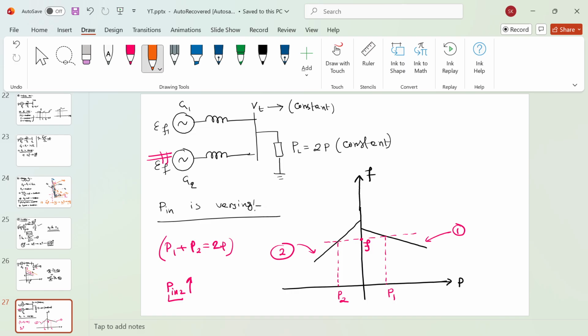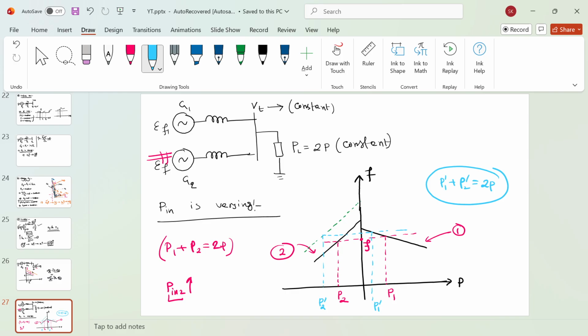Your graph will simply shift, right? As we have seen in the previous slide. So maybe this will be my new curve. Okay, and if you try to see what will be the operating point in this case, here you will have P1 prime, and here you will have P2 prime, and your P1 prime plus P2 prime needs to be 2P.